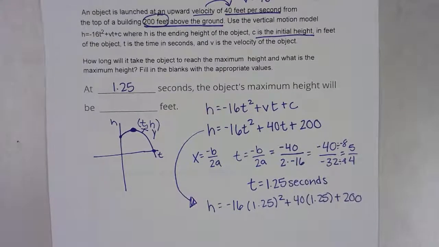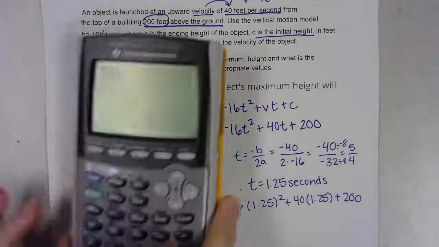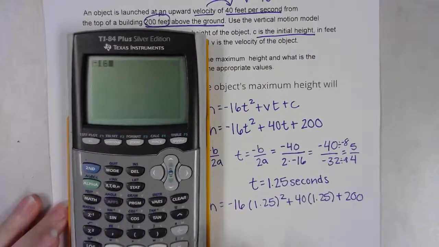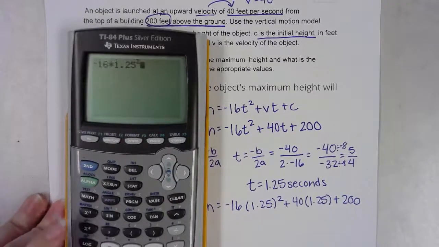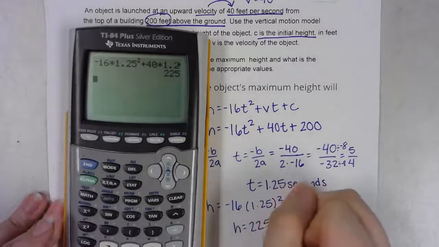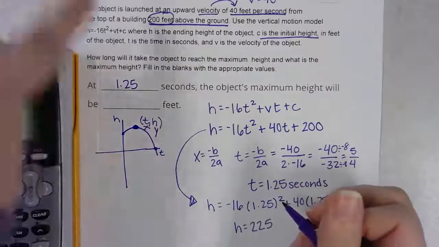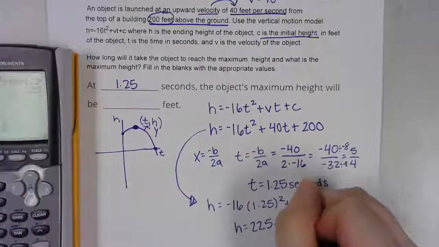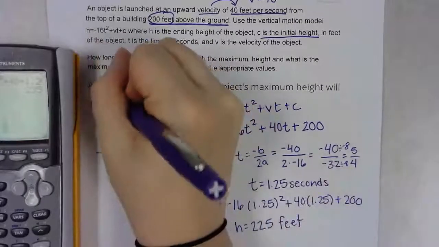And when we put all of that in, we should get 225. So my height is 225. And if I look back at my problem, everything's in feet, so 225 feet.